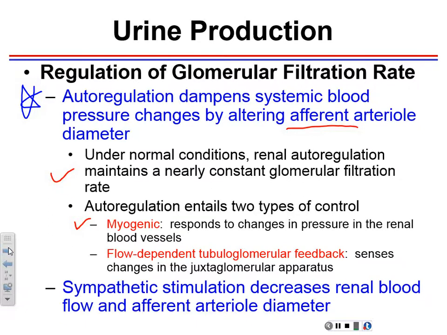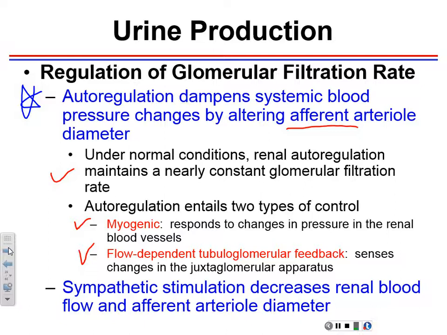The flow is coming through the afferent arteriole, and it is the afferent arteriole and the distal convoluted tubule that form the juxtaglomerular apparatus. So that will sense the flow of fluid into the glomerulus. That's the tubuloglomerular feedback.